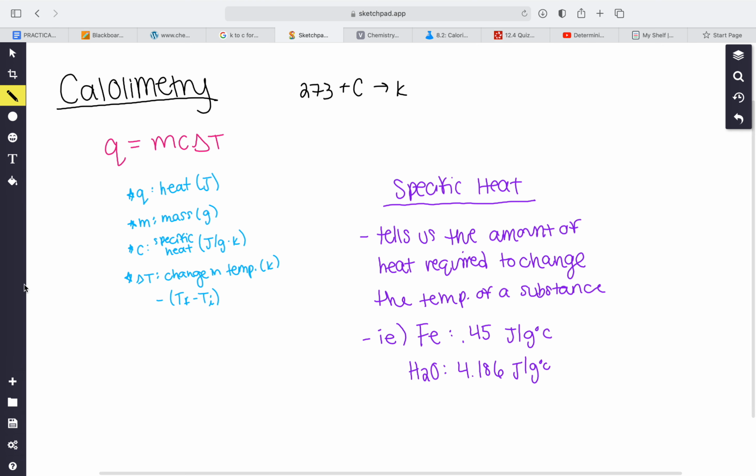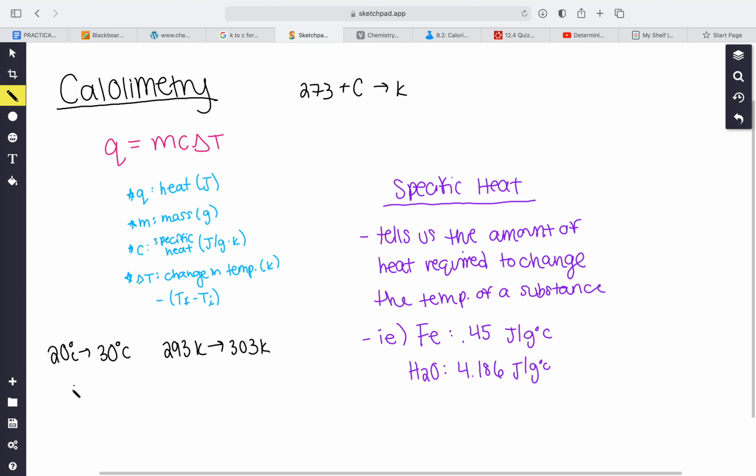So if we look at something like 20 degrees to 30 degrees Celsius, and then do that in Kelvin, it will be about 293 Kelvin to 303. Let me just do the math to make sure I did that right. Yes, 303 Kelvin.